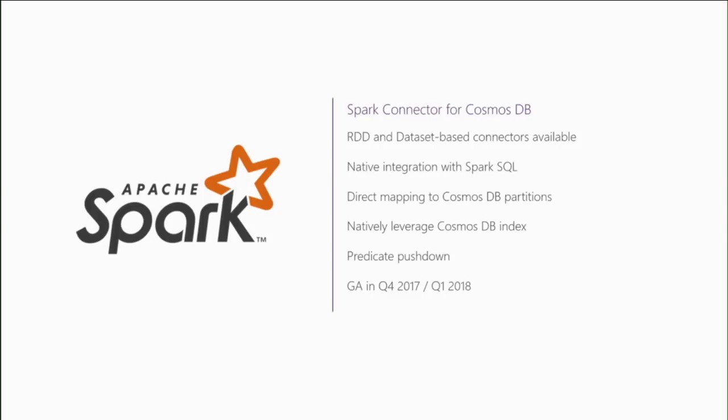It supports the RDD and dataset-based connector, or a native integration with Spark SQL, and direct mapping to the Cosmos DB partitions, which I'll talk about a little bit later. It natively leverages Cosmos DB's indexes for performance reasons. It has predicate pushdowns. I'll talk a little bit more about that as well. And like I mentioned, the GA is coming up very fast.